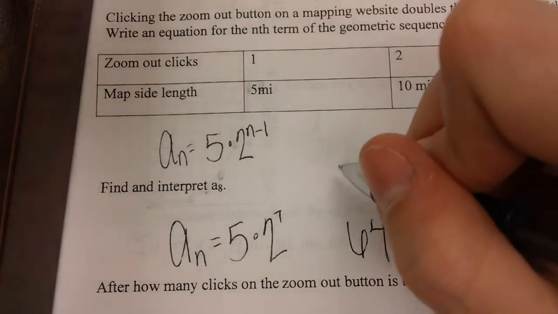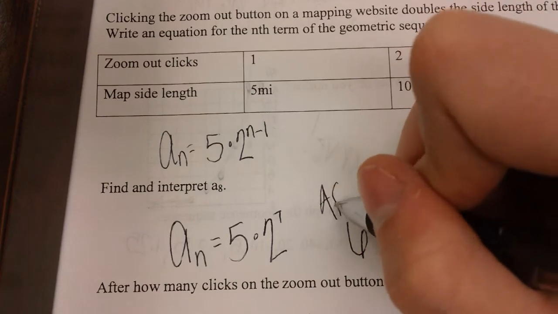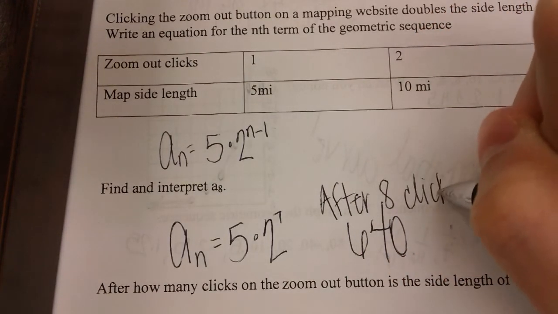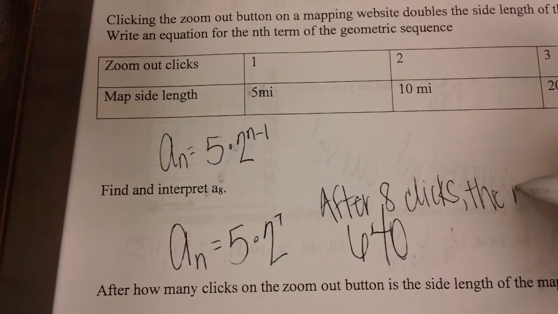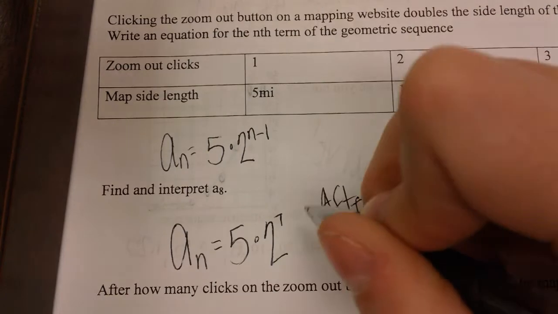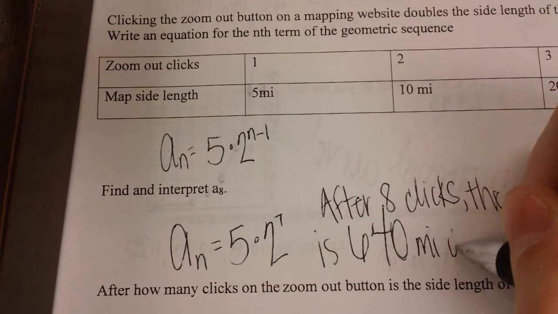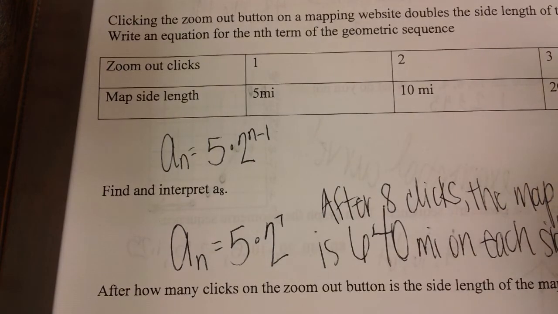So the interpretation would be that after 8 clicks, the map is 640 miles on each side.